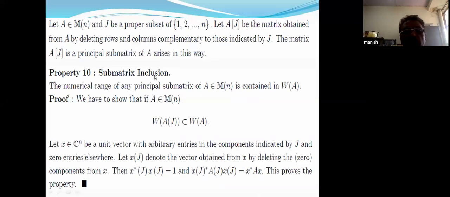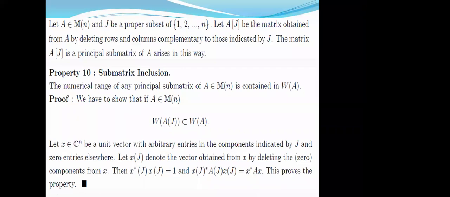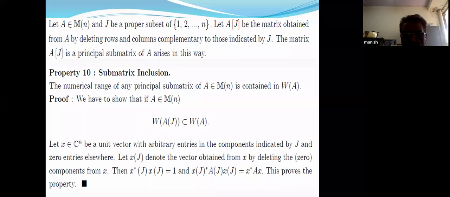Now, the submatrix inclusion property: the numerical range of any principal submatrix is contained in the numerical range of A. We have to show that the numerical range of A_J is contained in the numerical range of A. The point here is that A_J defines the principal submatrix whose entries are in the rows indicated by J and in the columns indicated by J. Now we take X_J to be the unit vector which has non-zero values only in the positions indicated by J and others are 0.